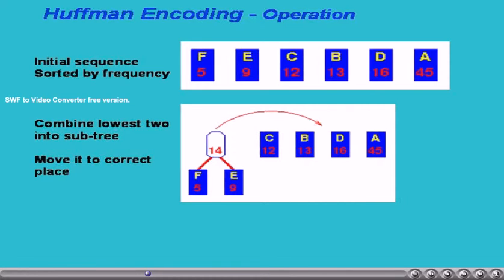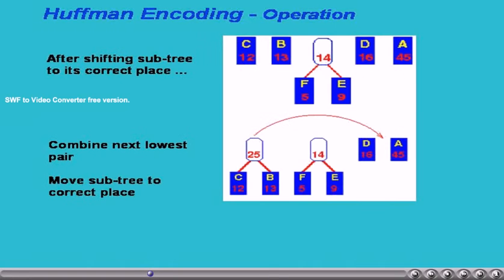Now we are supposed to add the 2 smallest ones, that is F and E, they are added. The resulting node frequency is 14, that is again kept into the sorted order. Now we'll add the next 2 smallest ones, that is C, B, their frequencies are 12 and 13, they are added.